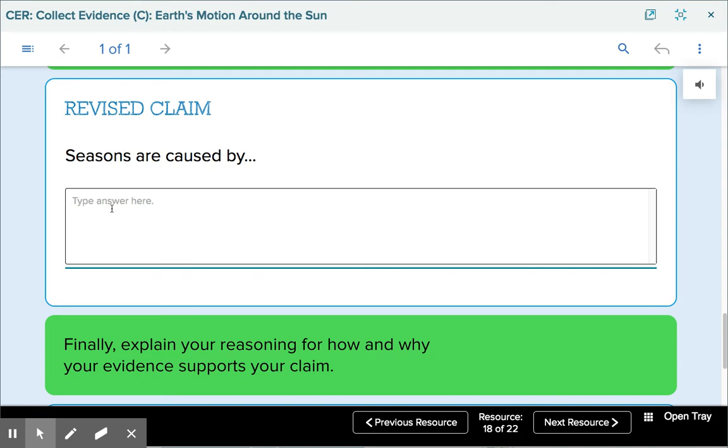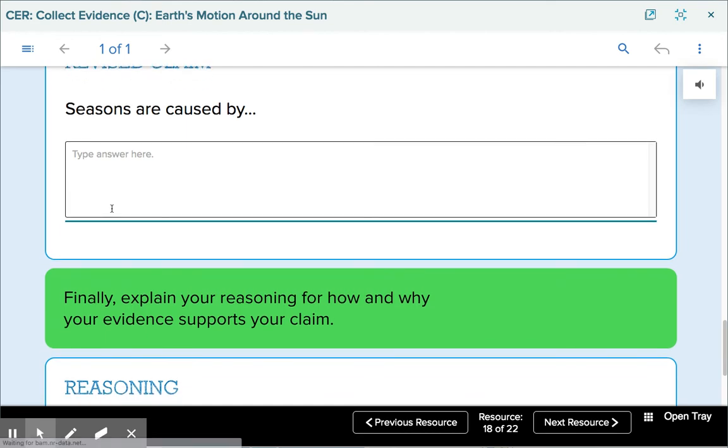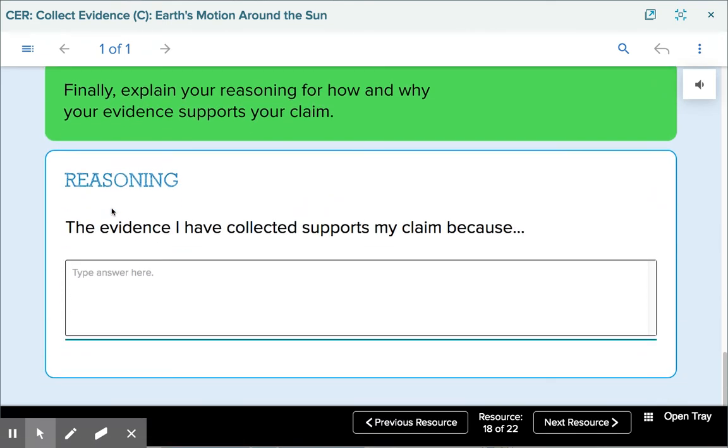It definitely should be a little more precise of a claim. And then whatever your new claim is, whether you changed it or not, what is your evidence for that claim? Now remember, we collected 3 pieces of evidence, A, B, and C, so you should somehow write out those 3 pieces of evidence.